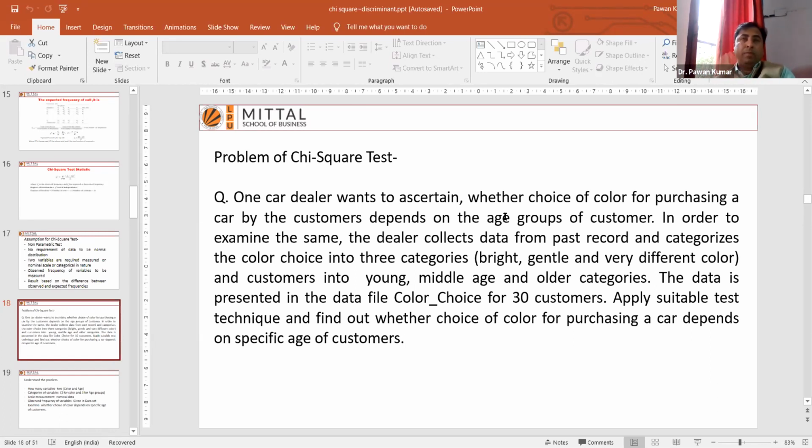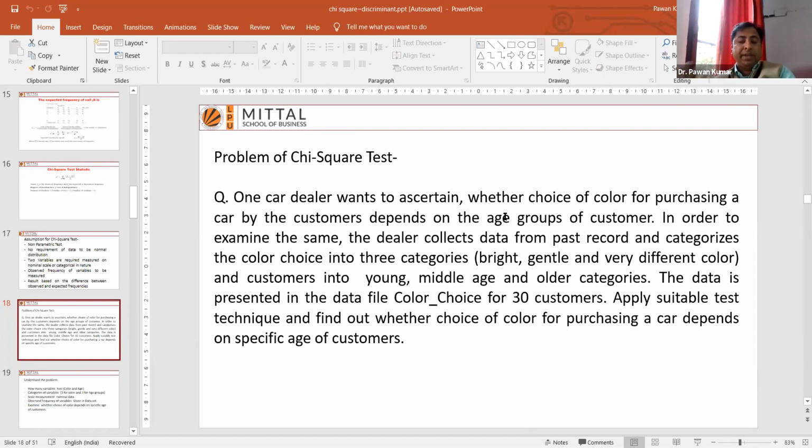So the automobile company here is interested to know whether the color choice is dependent on, or independent of, the customer category. In this type of problem, it is very clear that you will go for the chi-square test. So the question is: apply a suitable technique.